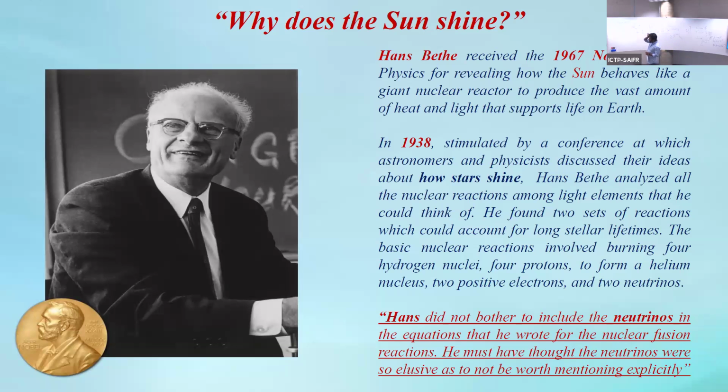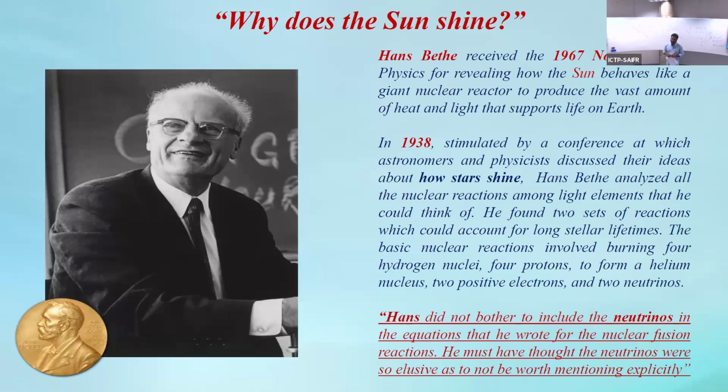Basically, it was Hans Bethe who clearly wrote down all these possible equations for how this fusion works. And he received the 1967 Nobel Prize in Physics for revealing how the sun behaves like a giant nuclear reactor to produce the vast amount of heat and light that supports life on Earth.